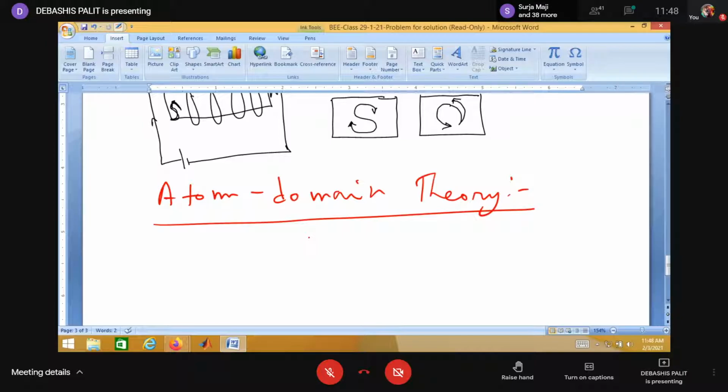So there is this influence of magnetism on magnetic material, and the atomic domain theory also explains how a paramagnetic material cannot be converted into a magnet, and how a ferromagnetic material can be influenced by a magnetizing force and converted into a magnet.